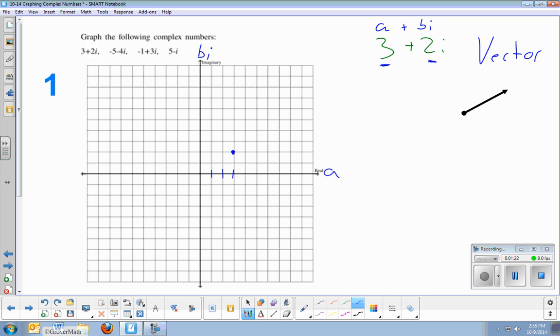Now, if this was an xy graph, it'd be the point 3 comma 2. But we're going to draw this as a vector.